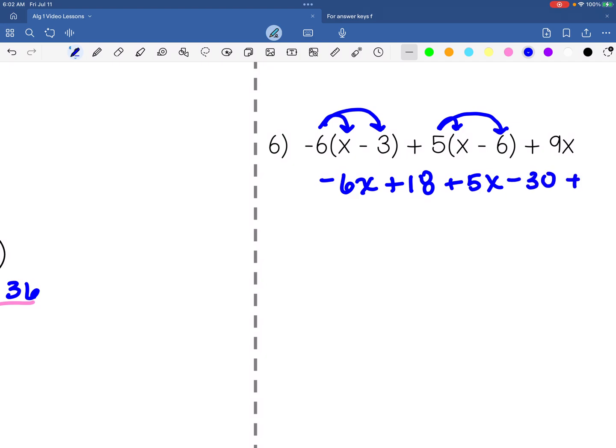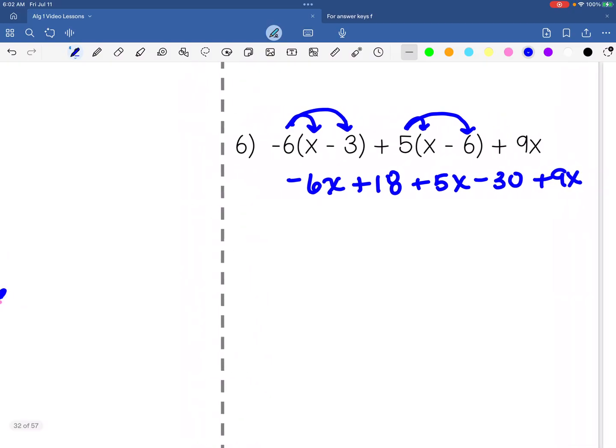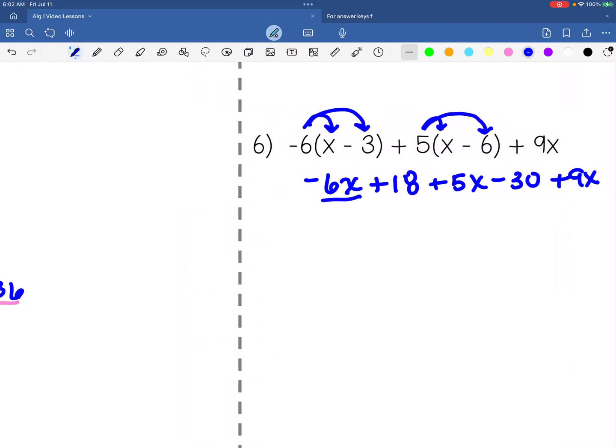And then this one is outside the parentheses, so we're just going to bring it down. Combine like terms. Negative 6x plus 5x is negative x. Negative x plus 9x is 8x. And then we have 18 minus 30, which is negative 12.